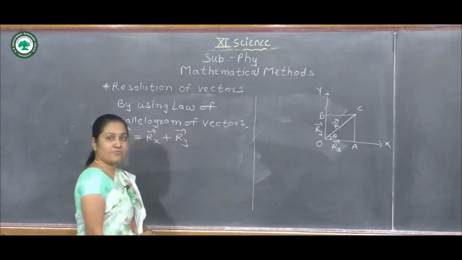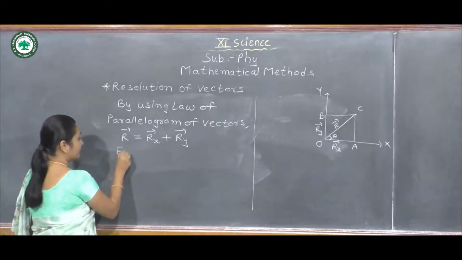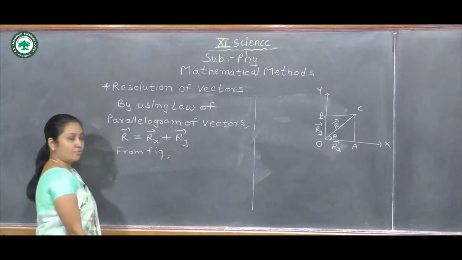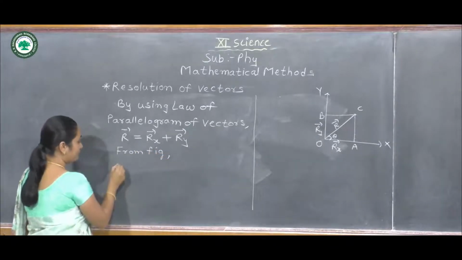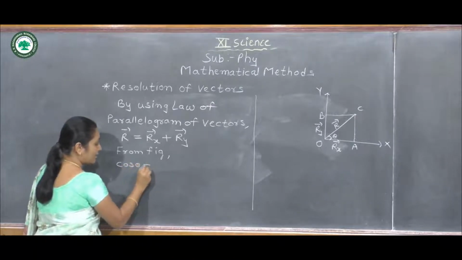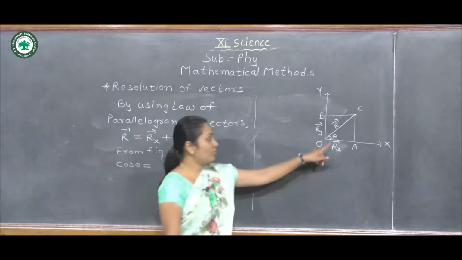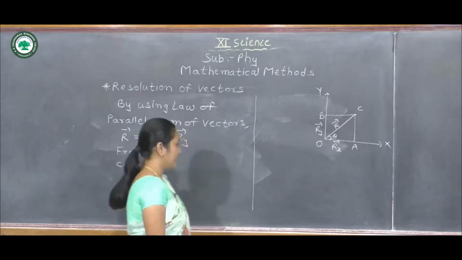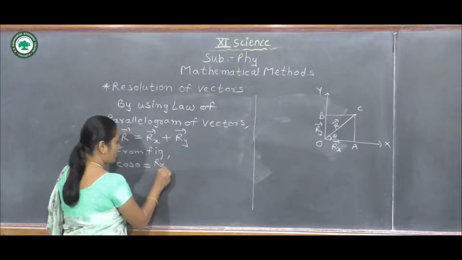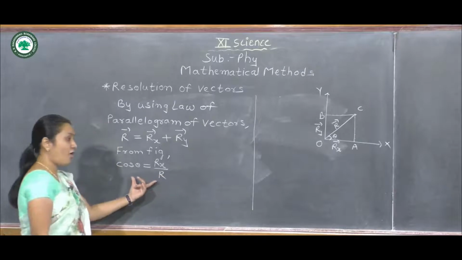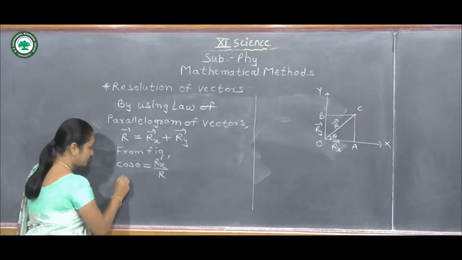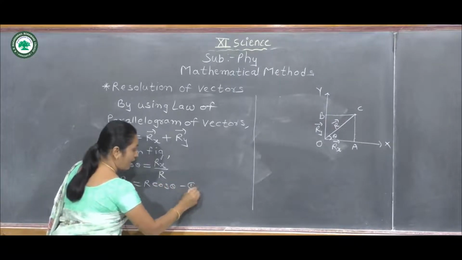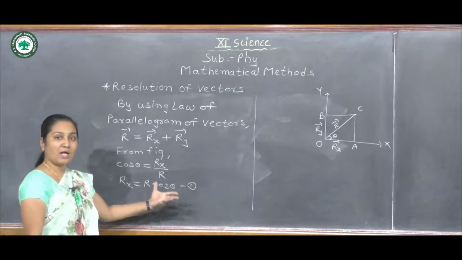Now from the figure we can write cos theta is equal to Rx divided by r. So from this we have Rx is equal to r cos theta.